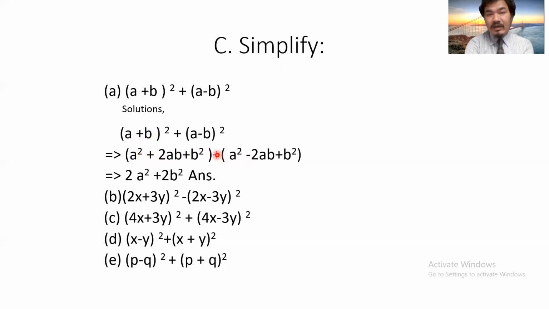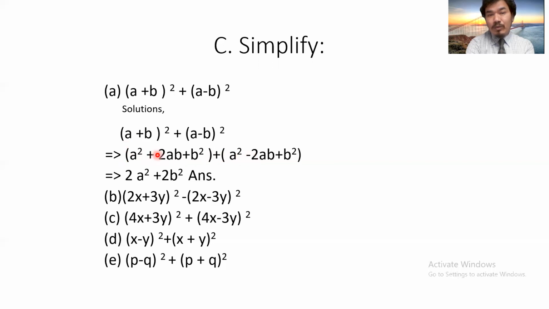But if there is a minus sign, it will multiply with every sign inside the bracket: with the sign of a square, with the sign of 2ab, and with the sign of b square. That's why try to keep everything in brackets. A plus sign does not change anything, but a minus sign will change the sign of all the terms inside the bracket. And similarly now, when you remove this bracket, here is plus 2ab, and here is minus 2ab.